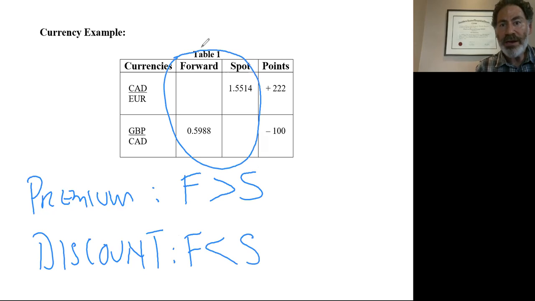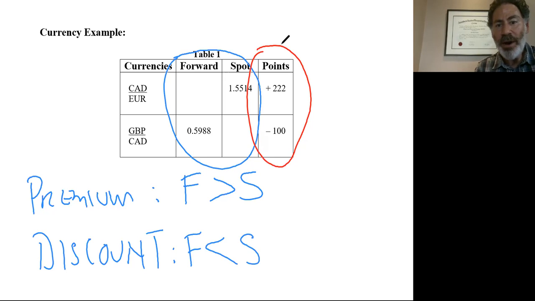So that's one way to be able to identify the premium or discount. Now there's another way, just by knowing what we're looking at. We can come right over here to the points and crack the code this way. If the points are positive, then we have a forward premium. And if the points are negative, then we have a forward discount.